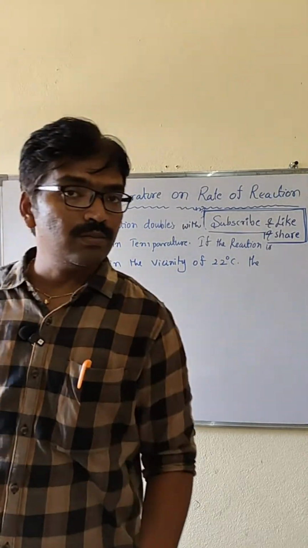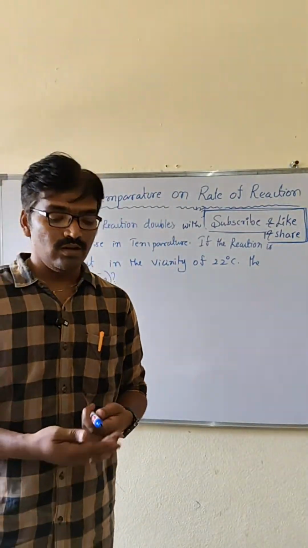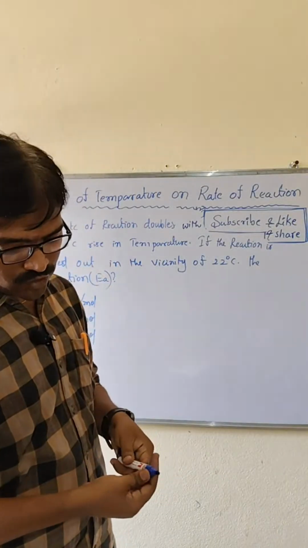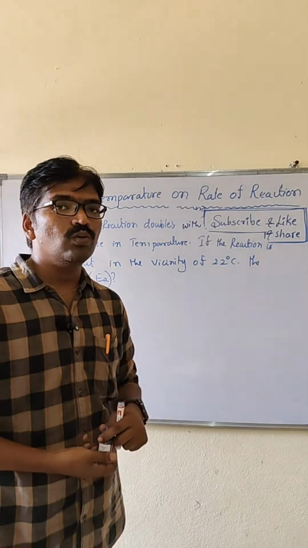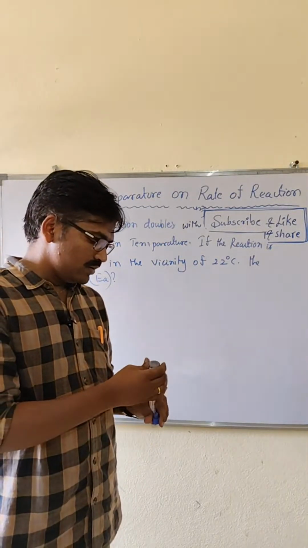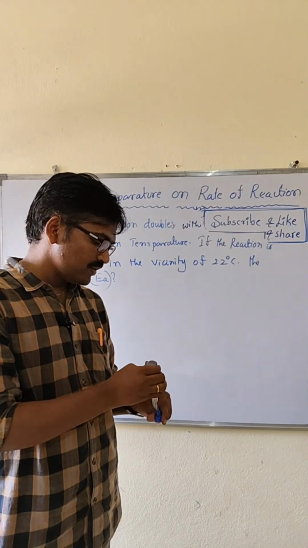Look, my dear students, observe it carefully. Whenever they mention that the rate of reaction doubles when the temperature is raised, that means the ratio of rate constants at two different temperatures is doubled.